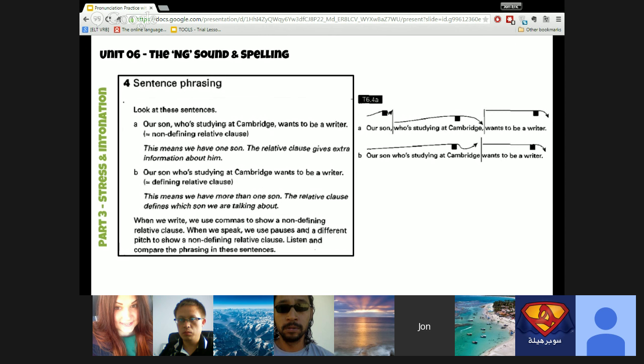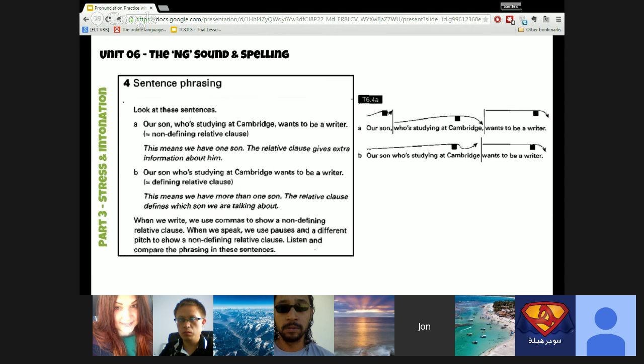Okay, and try the second one. Our son who study at Cambridge wants to be a writer. Okay. Is that the first or the second? Because that sounded the same to me. Let me try sentence B again. Put the stress on Cam.